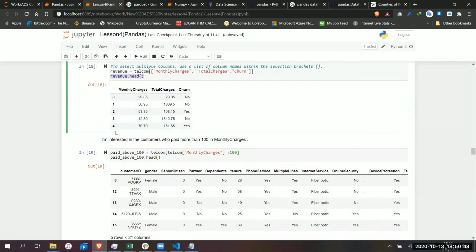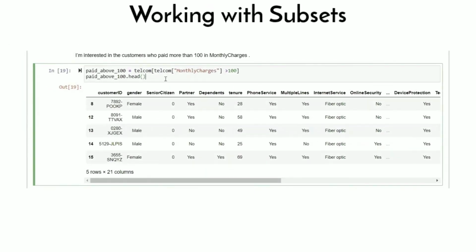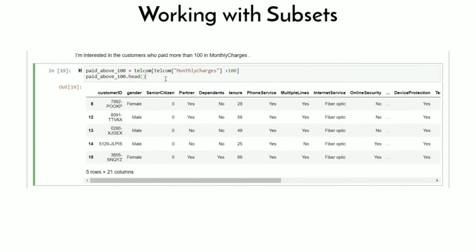Now, we can go ahead and filter out values based on a given condition from our data frame. We call the data frame from which we want the values to be returned, and we emphasize that from this particular column, I want values that are greater than 100.